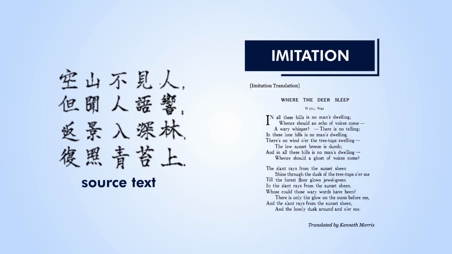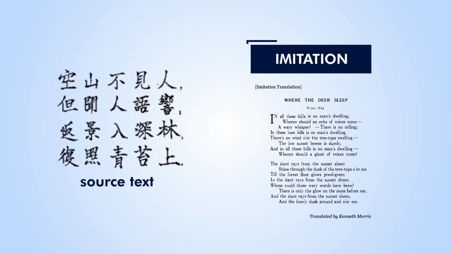Where the deer sleep. In all these hills is no man's dwelling, whence should an echo of voices come? A wary whisper, there is no telling. In these lone hills is no man's dwelling. There's no wind or the tree tops swelling, the low sunset breeze is dumb. And in all these hills is no man's dwelling, whence should a ghost of voices come?